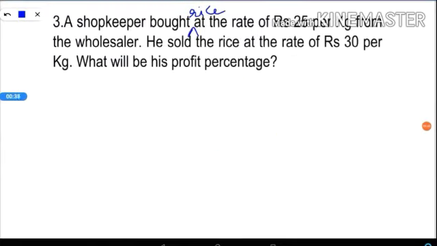Next problem. A shopkeeper bought rice at the rate of 25 rupees per kg from the wholesaler. He sold the rice at the rate of 30 rupees per kg. What will be his profit percentage? Observe the given information. Cost price is given and selling price is given. We need to find out profit percentage. So, write down selling price and cost price.